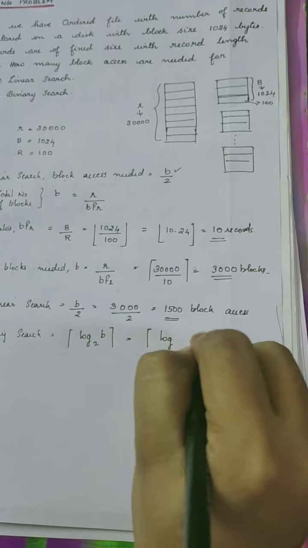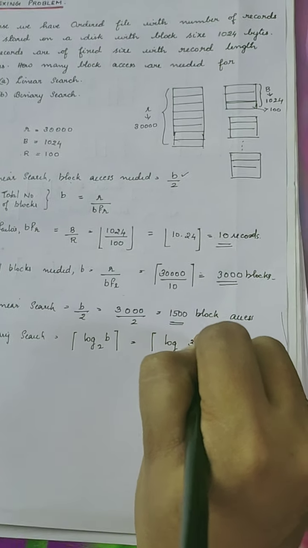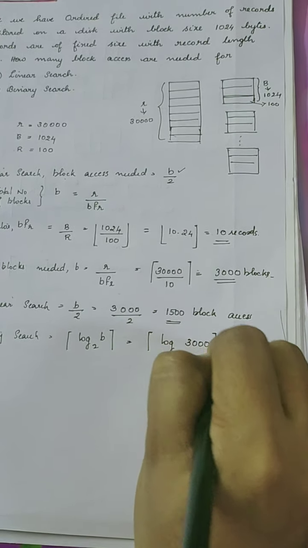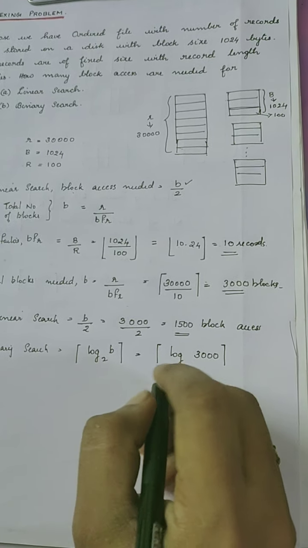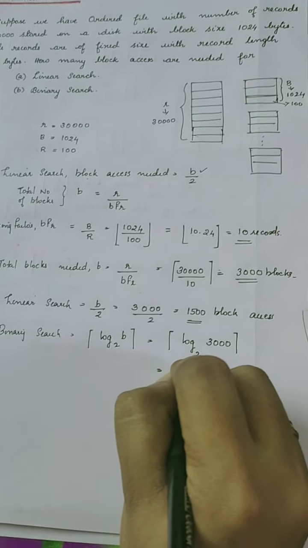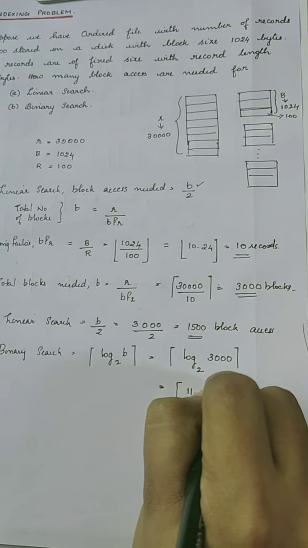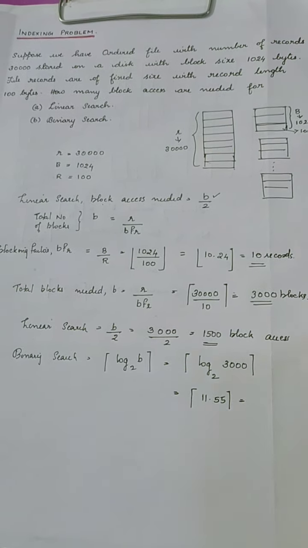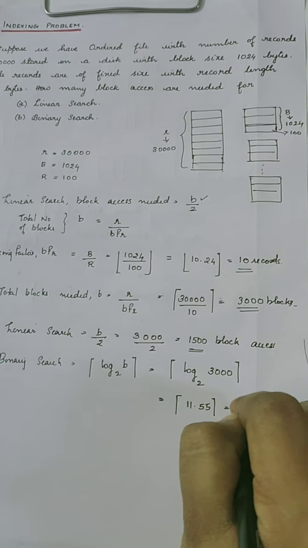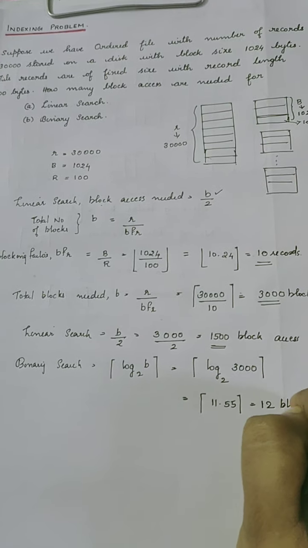The value of b is 3000, so log of 3000 to the base 2 is 11.55, and the ceiling value means we round it to the next integer, that is 12 block accesses needed.